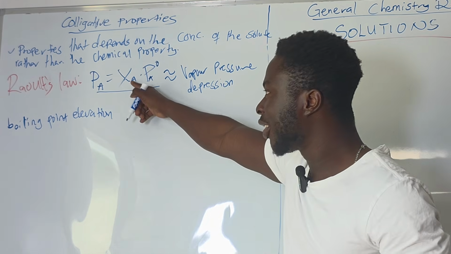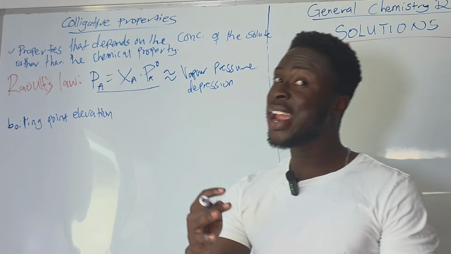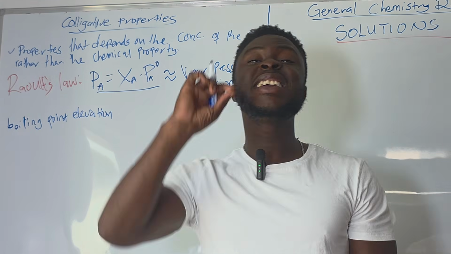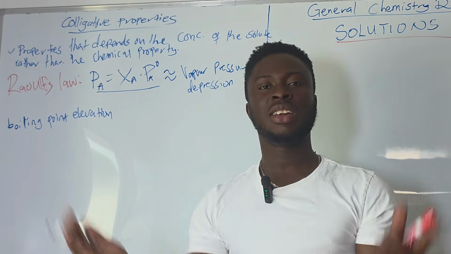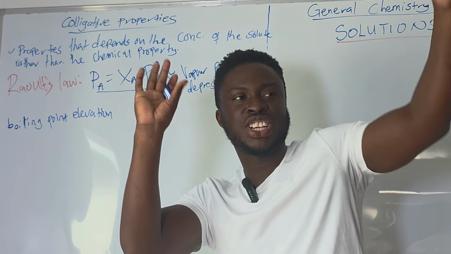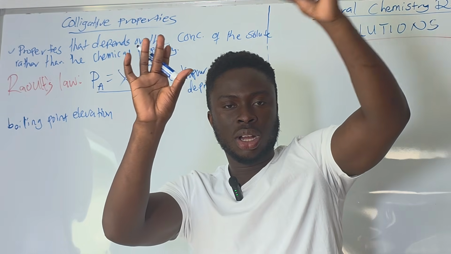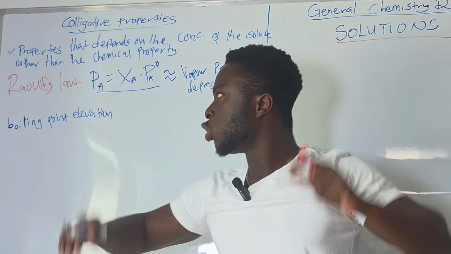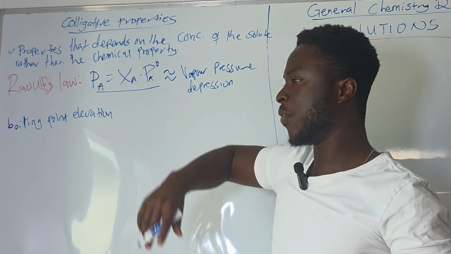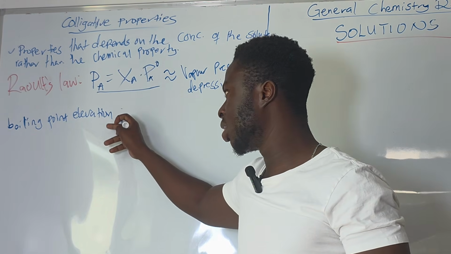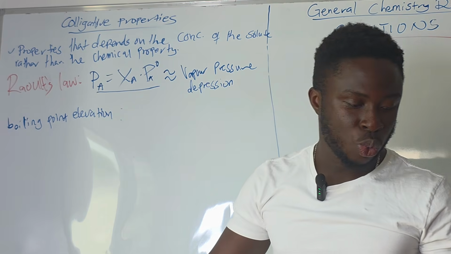So by decreasing the vapor pressure by adding more solute, we are thereby increasing the boiling point, because we are making it hard to gather enough pressure to meet the ambient atmospheric pressure for the substance to boil. That is why when you add more things into a solvent, you decrease the vapor pressure and you increase the boiling point.